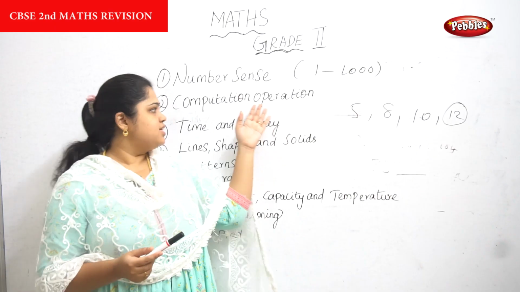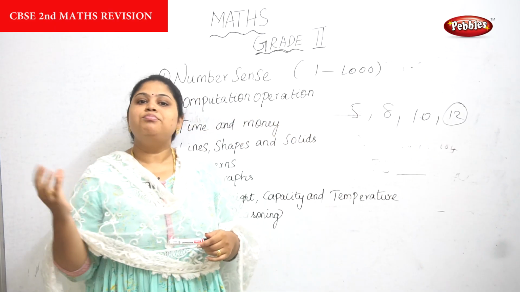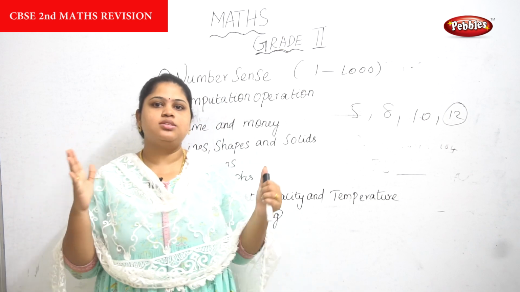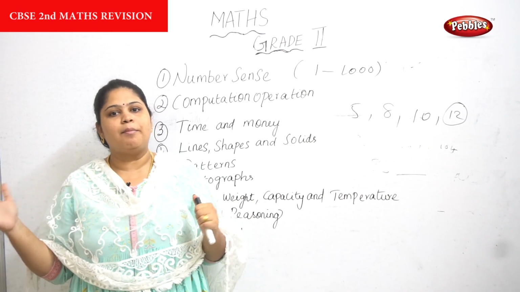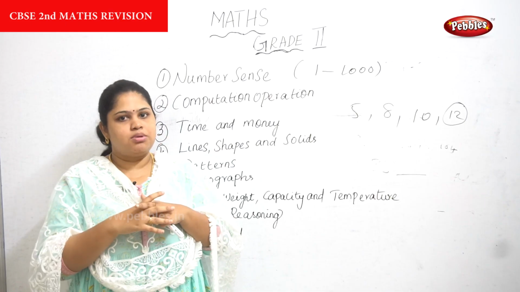Okay. So next we are going to see about the computation operation, which allows us to work inside the numbers, whereas in number sense we have only generally studied the numbers and we are thorough with the numbers, isn't it, children?